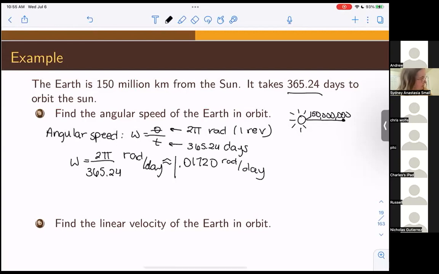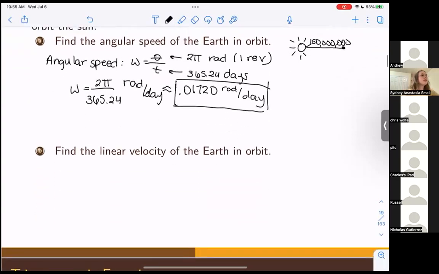And that is your angular speed. You're just looking at how many radians the Earth is going around the sun per day. We didn't even need the 150 million kilometers because we're only talking about angular speed. We only need the radius when we're talking about linear speed.